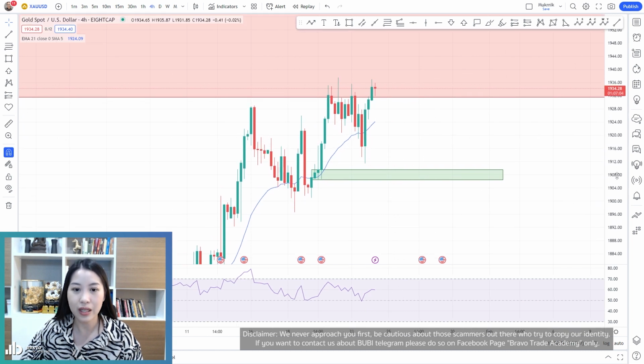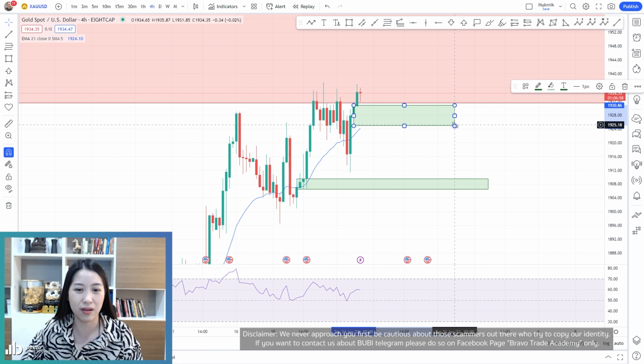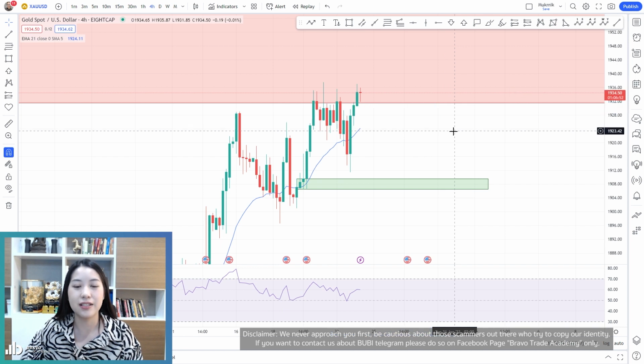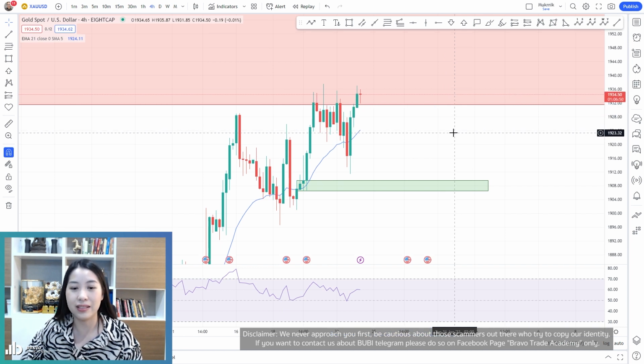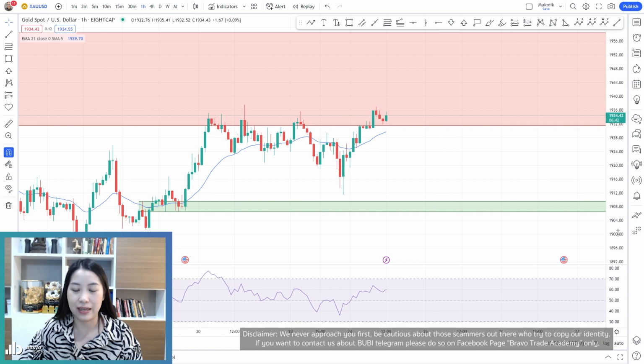Okay, and if you can see, oh, Mukmik, can this one be a demand zone? I'll say yeah, but it's going to be quite weak because the imbalance here is not that big. So maybe we'll have our demand zone in the 1-hour time frame since we are focusing more on the buying side. Okay, so let's drop down to the 1-hour time frame.